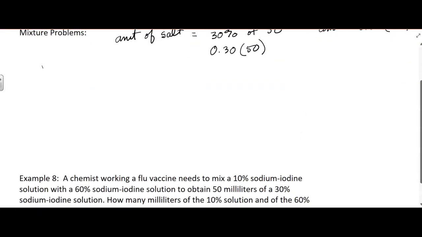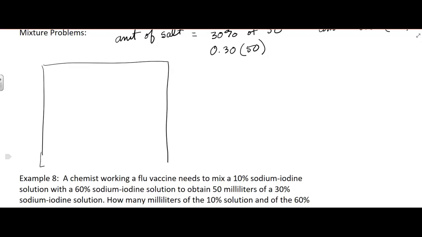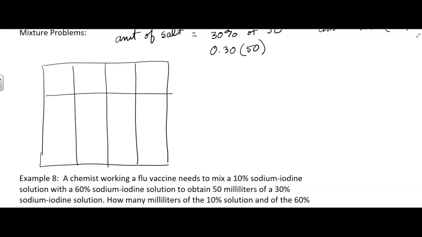I've always done mixture problems with a chart. I think I learned this in high school, a long time ago. It's a 4x4 chart. There's a percent, there's how much, in this case milliliters, and then there's the amount of chlorine or salt or iodine, whatever you have in your solution.